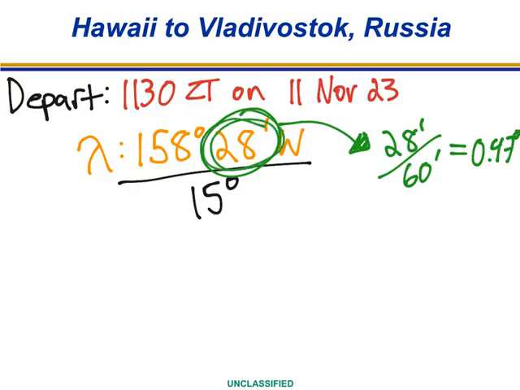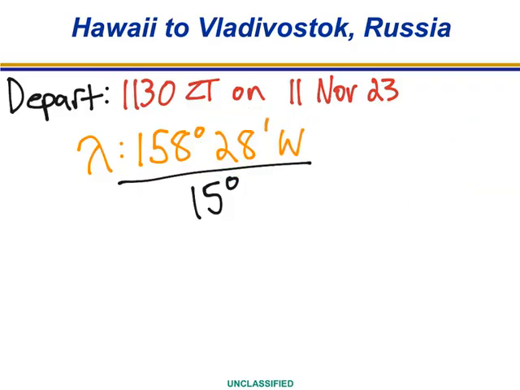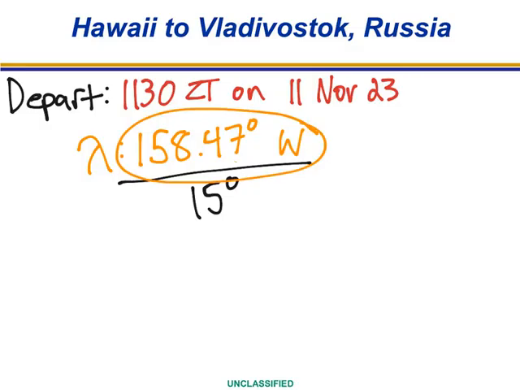So 28 minutes is equivalent to 0.47 degrees. So we're going to take that 28 minutes and we're actually going to erase it, and replace that with 0.47 degrees. So now we've expressed our longitude as 158.47 degrees of westerly longitude. That's the exact same number as 158 degrees, 28 minutes west. But now we can put this number into a calculator.